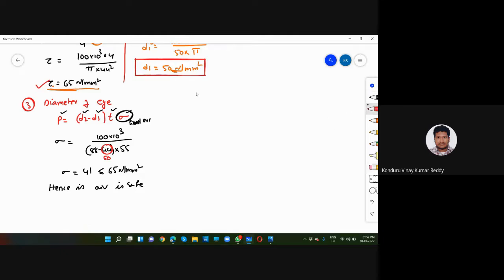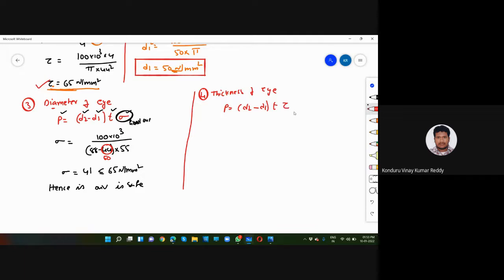Okay, similarly, fourth formula and third formula both are same. That is, here I have written diameter, here I will write thickness of I. Though the formula is having a small difference, that is, P is equal to d2 minus d1 T into tau.